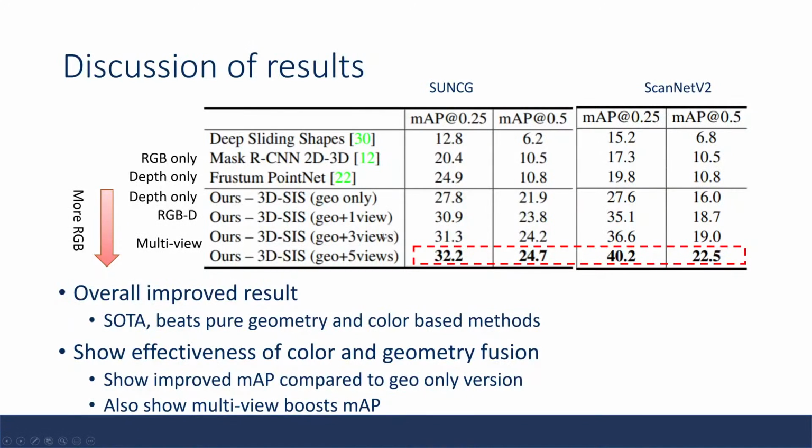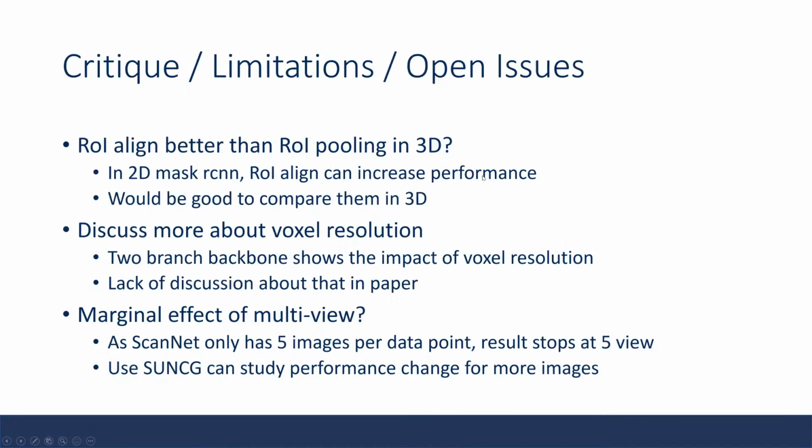The major takeaway here is that 3D-SIS got an overall improved result, and it also shows the effectiveness of the color and geometry fusion both in SunCG and ScanNet, as well as a multi-view boost. As we can see, when we add more views, we get a better mAP on both the synthetic and the real data set.